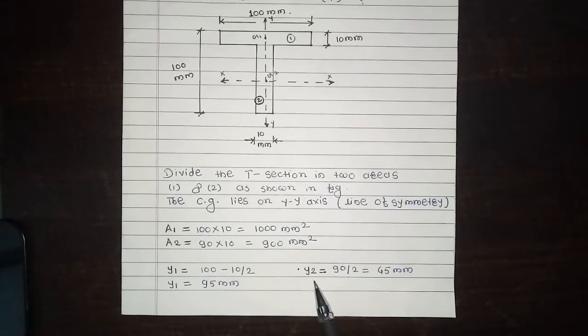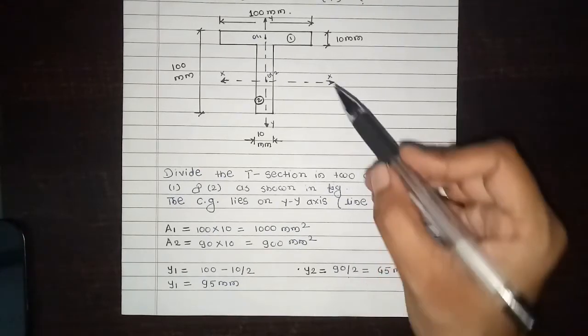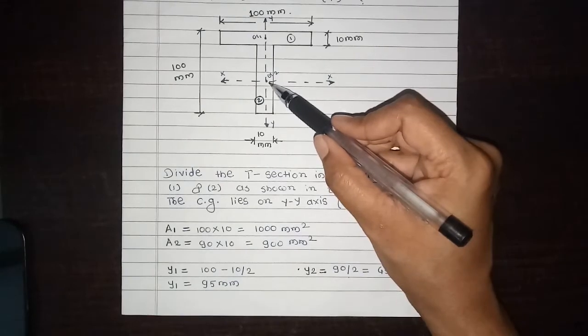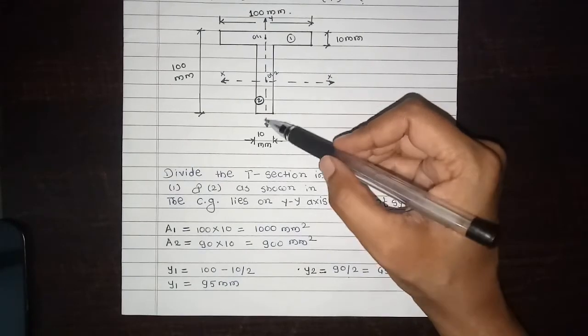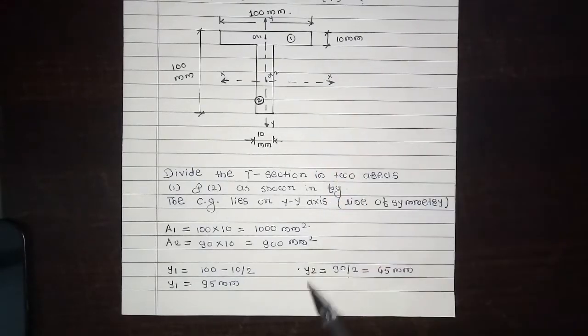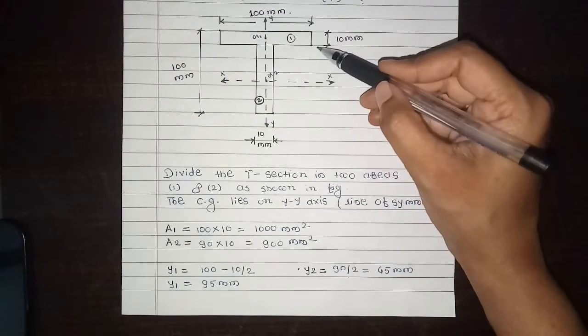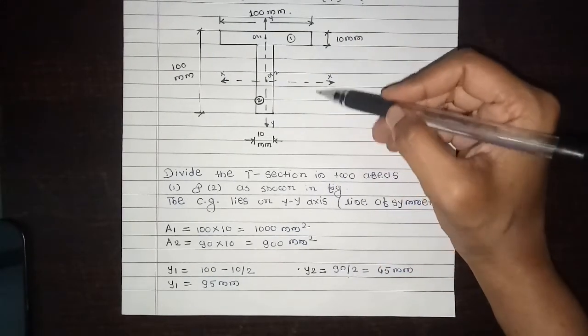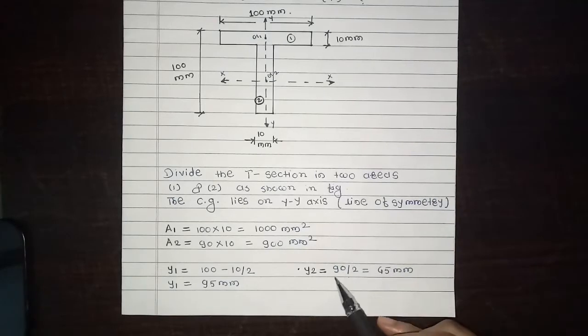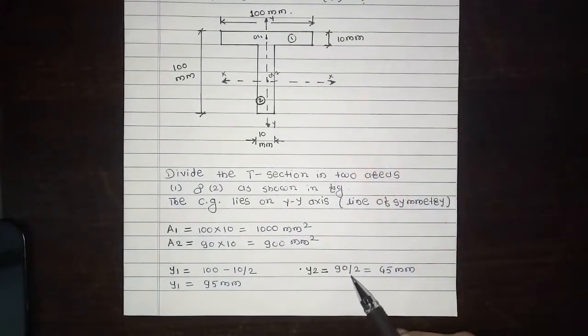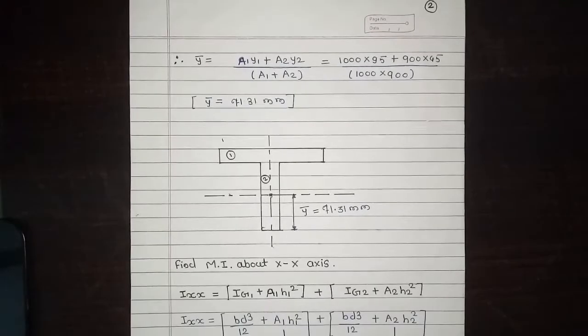And y2 is the distance between center of gravity G2 and this base. Total depth of web is 90 mm, so 90 divided by 2 is equal to 45 mm. So this is the y1 and y2.